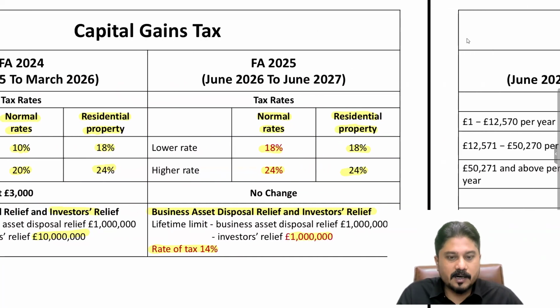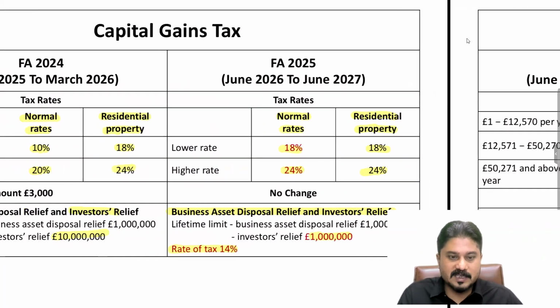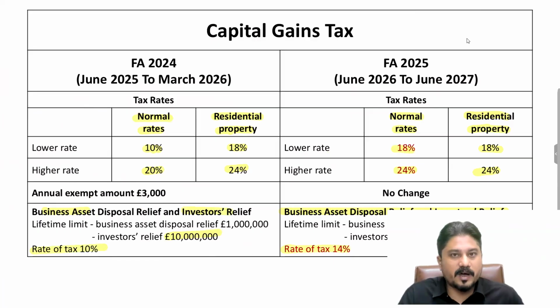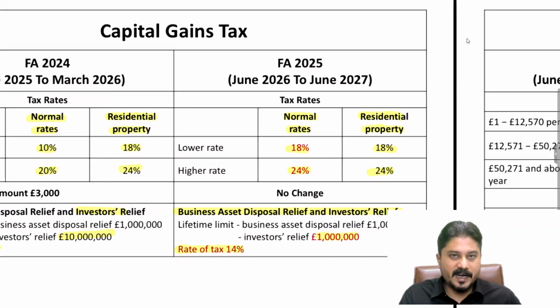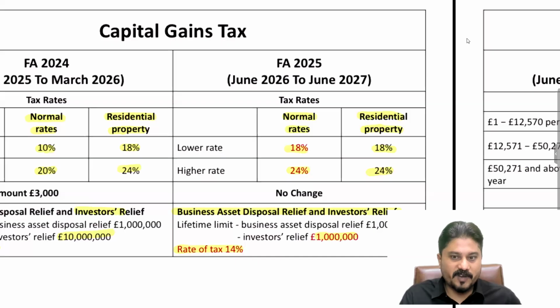There are basically three types of changes for capital gains tax purposes. Rate of CGT is changed, investor relief limit is changed, and for BADR and investor relief, the rate of tax is changed.